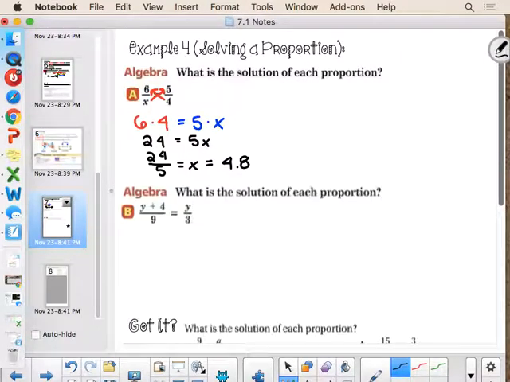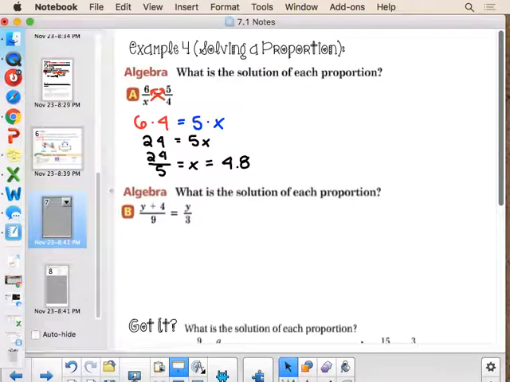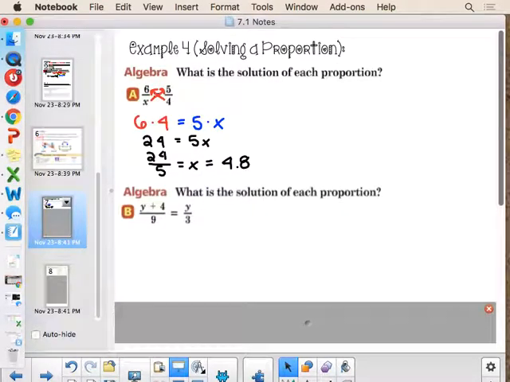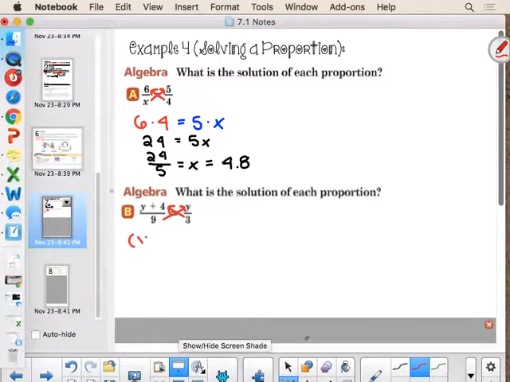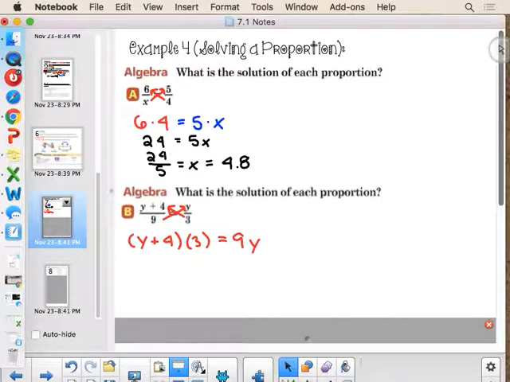Now let's move up to a little bit of a heftier proportion. Once again, I am going to multiply the denominators onto the other side, essentially getting my extremes and my means together. So we're going to have the quantity y plus 4, the entire thing, being multiplied by 3, equal to 9 times y.